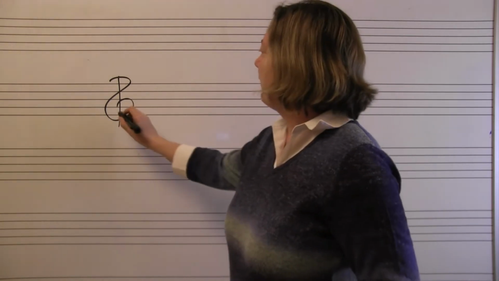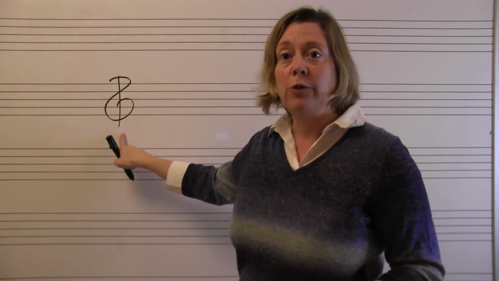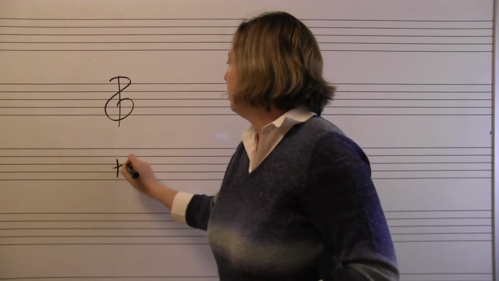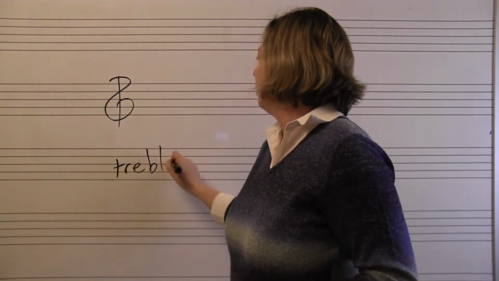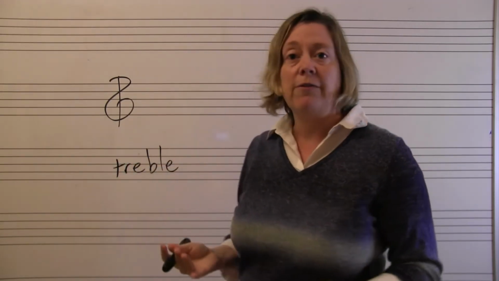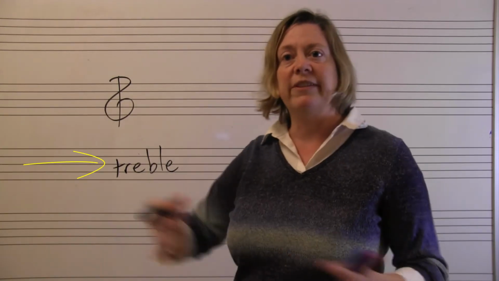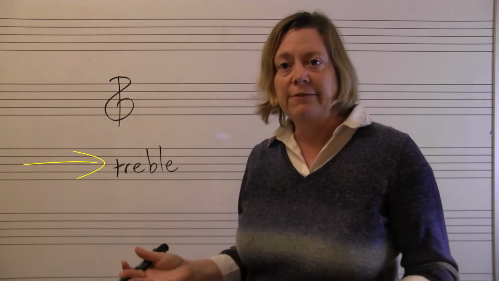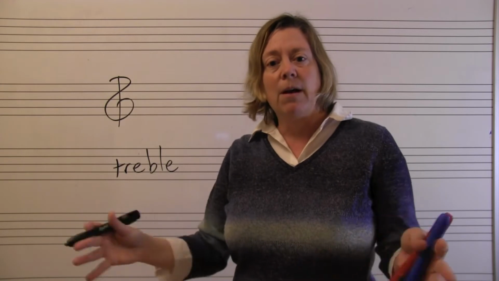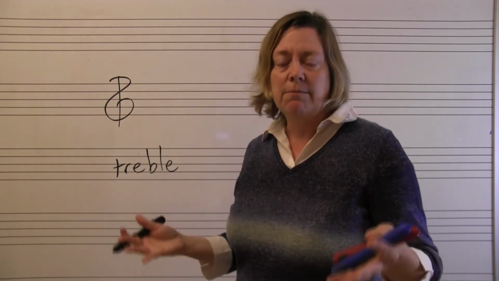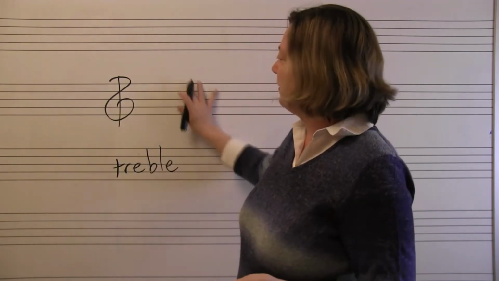Okay, so this clef is called the G clef. It's also called the treble clef. And it is most often used for treble voices, which are voices that sing higher, often in the female range, but not always. And we tend to sing above middle C. And so that's what this clef is good for.